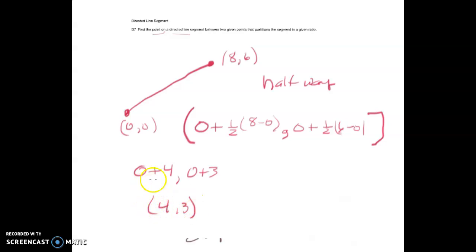So 4, 3 is the point on the coordinate plane that's halfway. So that's like 1 over 2, and that's 1 over 2. It adds up to the whole line segment. All right, so that's a way of understanding that.